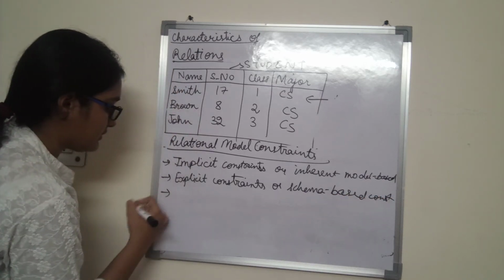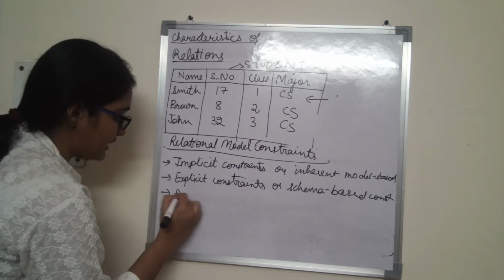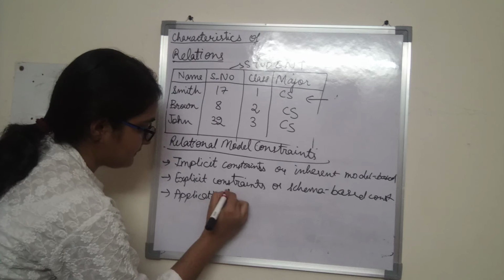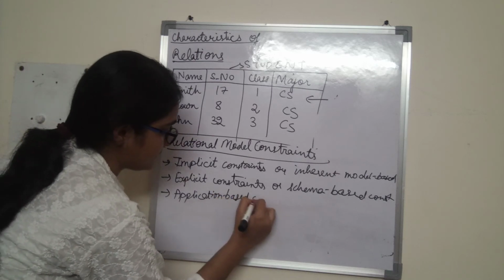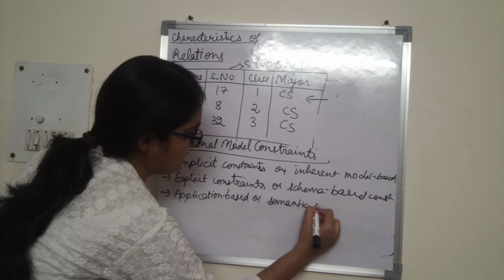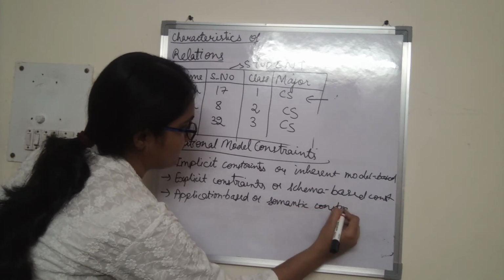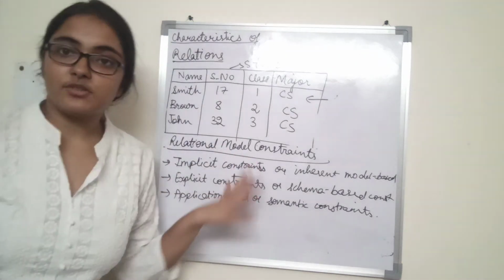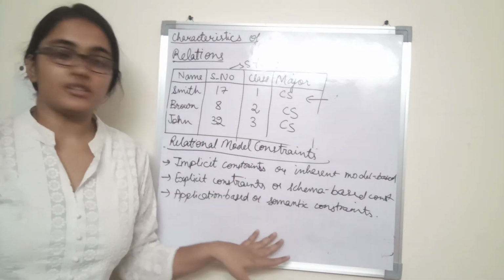Third one is application based or semantic constraints. So we have three types of constraints basically in the relational model.